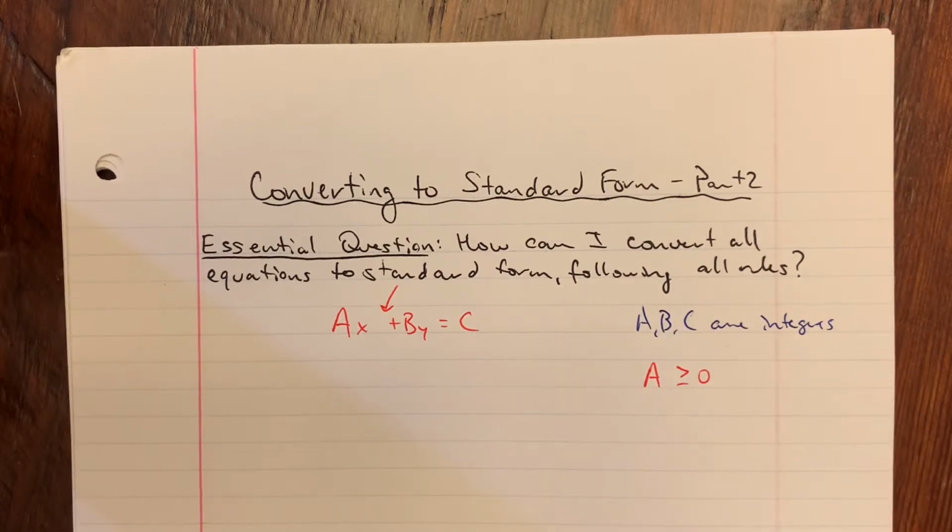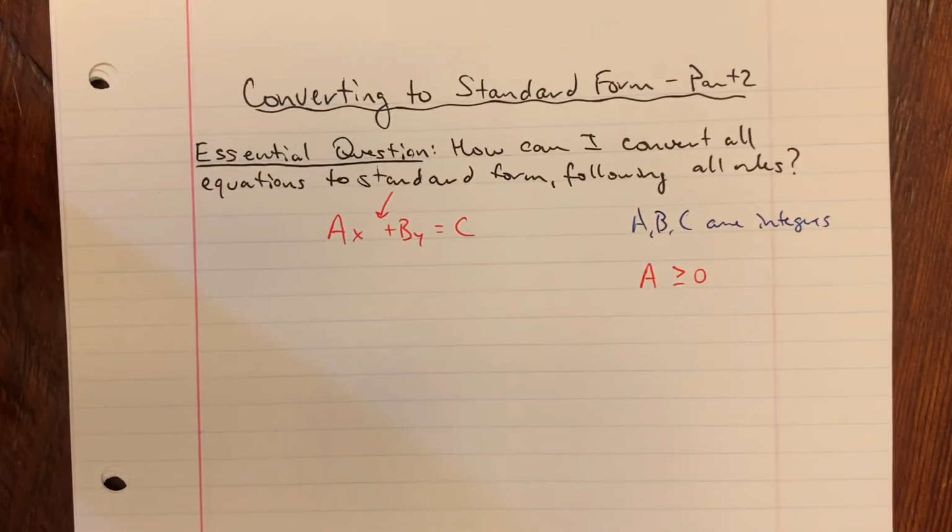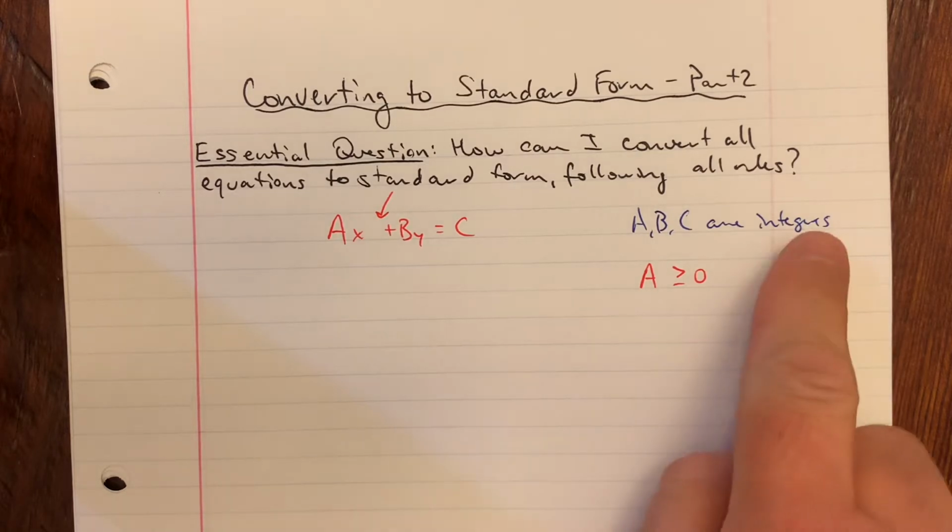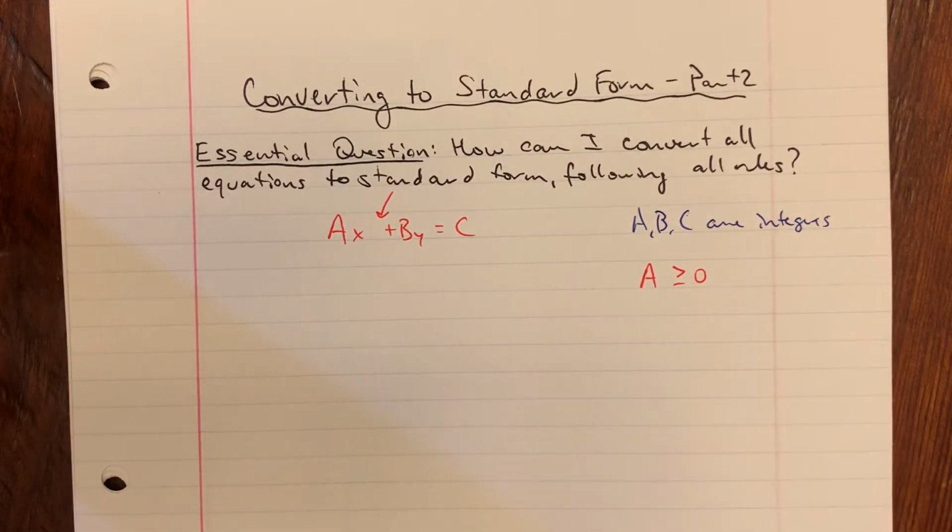B and C can be negative, but A cannot. That's just the rule that they have set up and created here in standard form. So our goal is to go one step further to apply these rules.